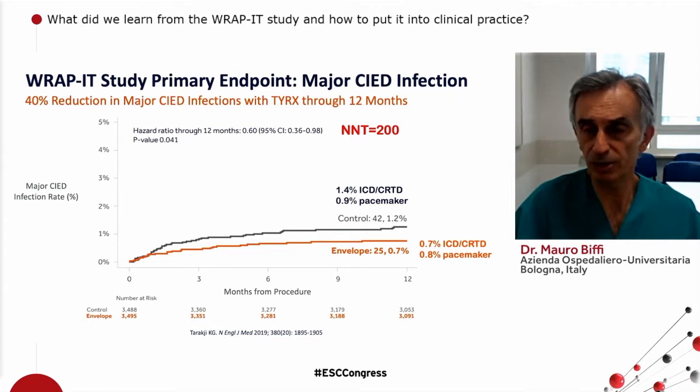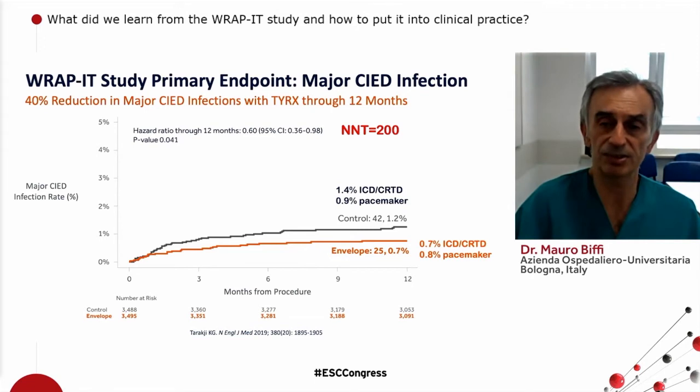Splitting the population into low power, pacemaker replacement or upgrade, and ICD-CRTD replacement or upgrade, it is clearly understood that the major benefit occurred in the more complex devices, ICD-CRT, with a 50% reduction of overall infection.